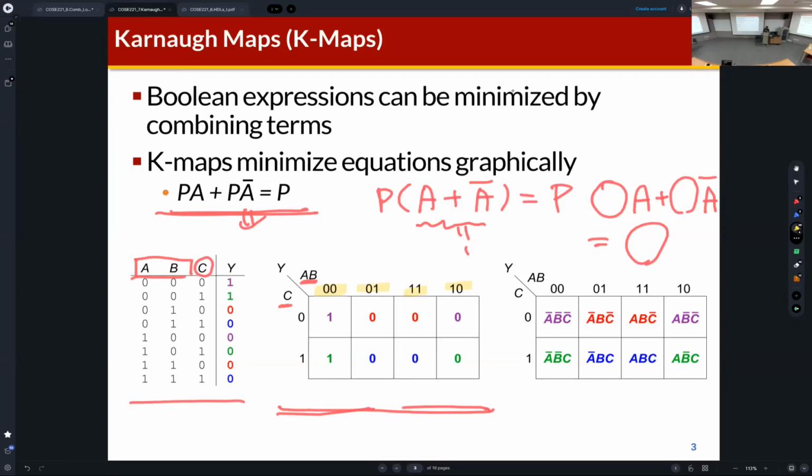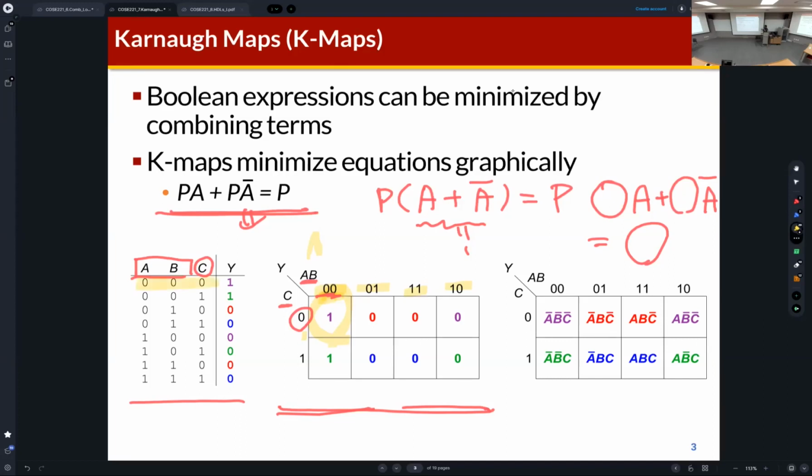So in this Karnaugh map, this element represents A is 0, B is 0, and C is 0. Which means it represents this row.